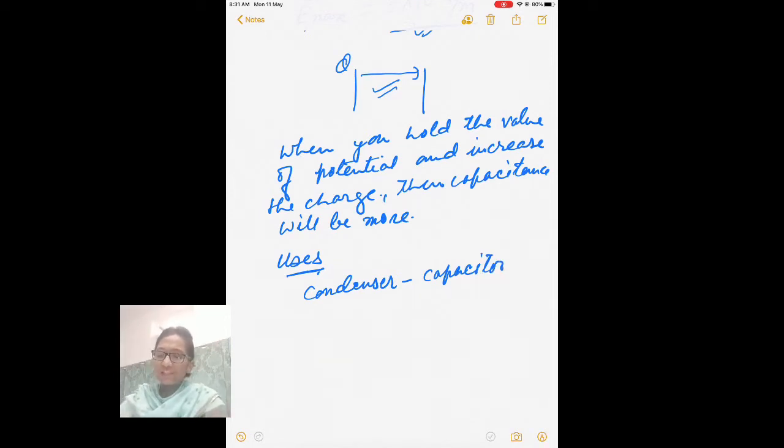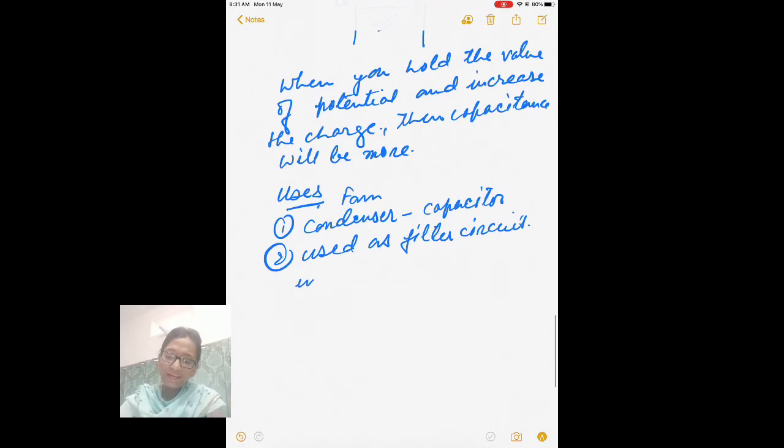Next use, it is used as a filter circuit, used in a rectifier.